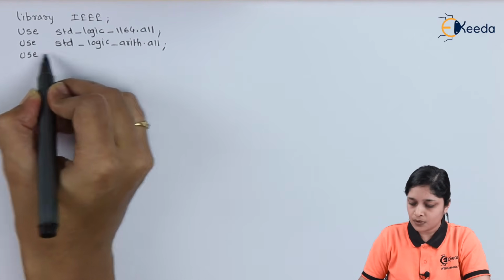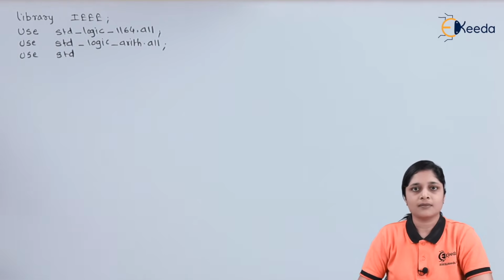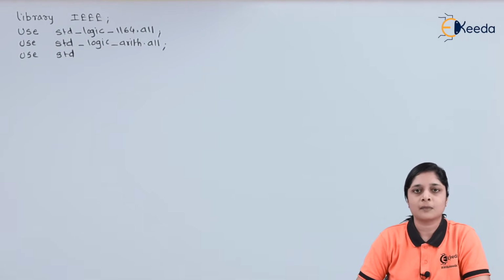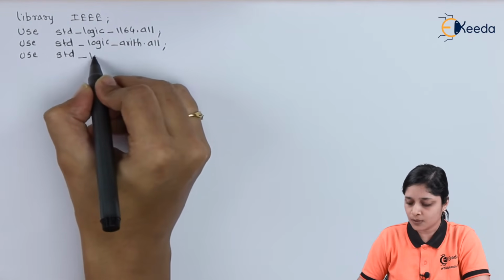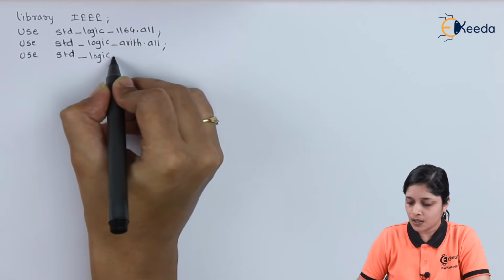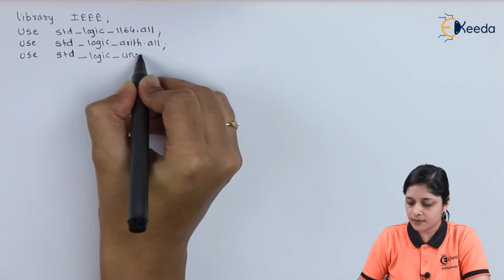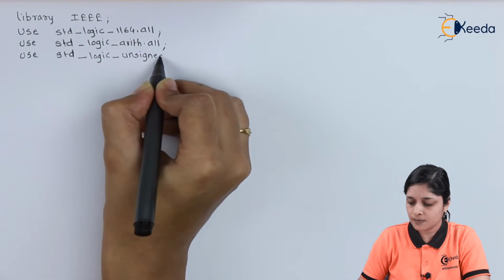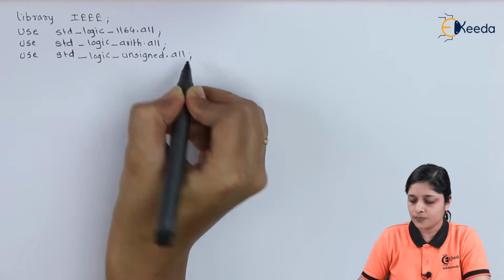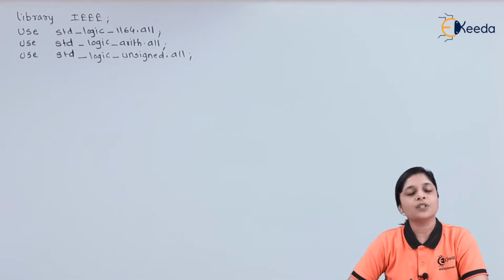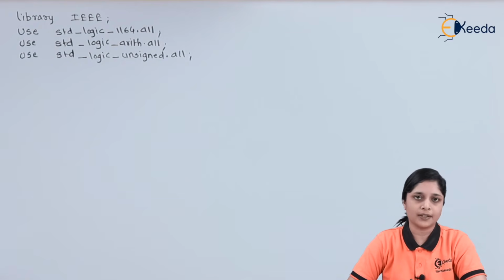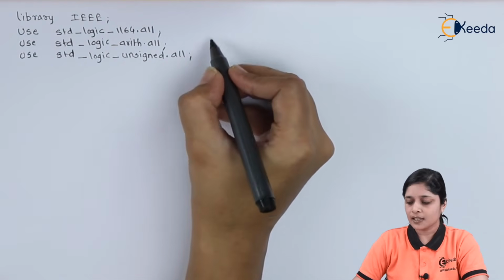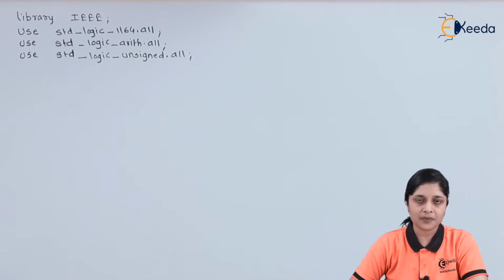Again write use IEEE.std_logic_unsigned.all. Now, with the use of data flow modeling, you have to design the full adder. So, this is the declaration for the library part.